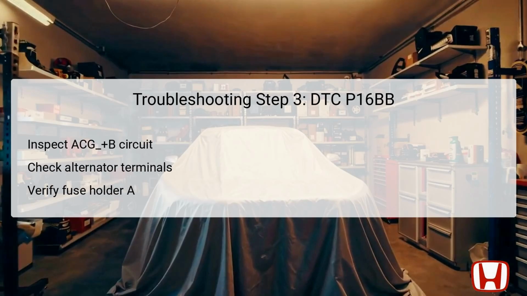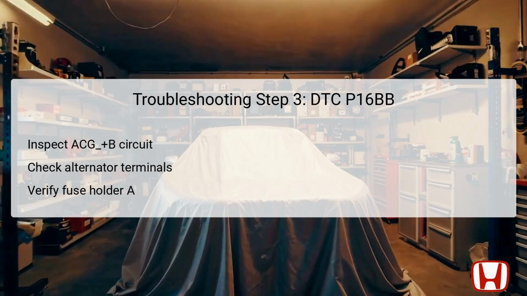In the third troubleshooting step for DTC P16BB-00, attention turns to inspecting the ACG plus B circuit, which is crucial for supplying voltage between the alternator and the PCM. The alternator terminals, specifically the B terminal, need a thorough inspection for loose connections or corrosion that could impede proper electrical flow.